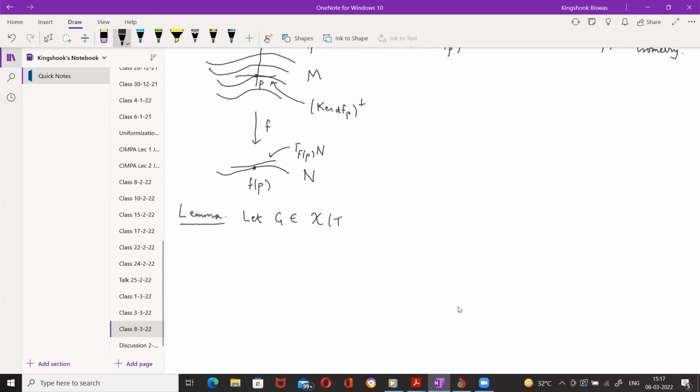Remember there was a vector field on the tangent bundle whose integral curves corresponded to horizontal lifts of geodesics to the tangent bundle. The flow of this vector field was the geodesic flow on the tangent bundle. So let G be the geodesic vector field on TM.